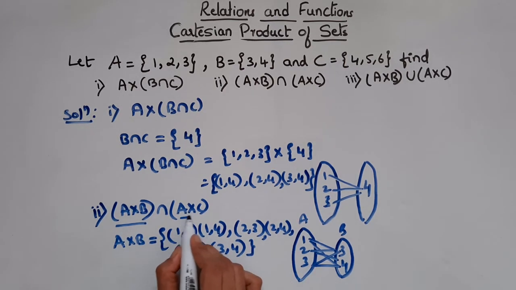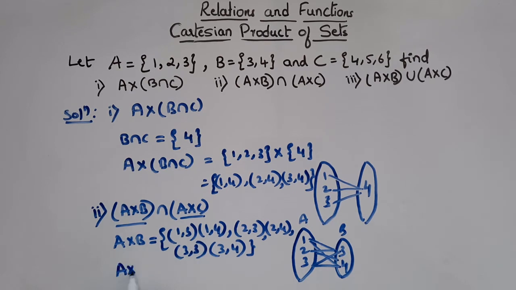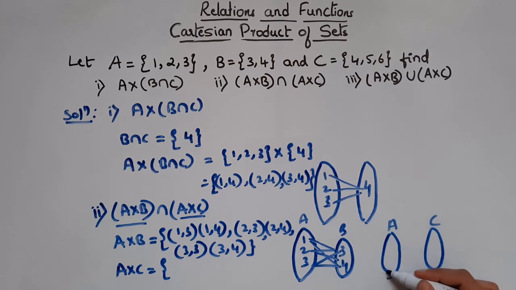Now let's see what is A cross C. Now you will take A and C. In set A we have 1, 2, 3 and in set C we have 4, 5, 6. So you will pair 1, 4, 1, 5 and 1, 6.